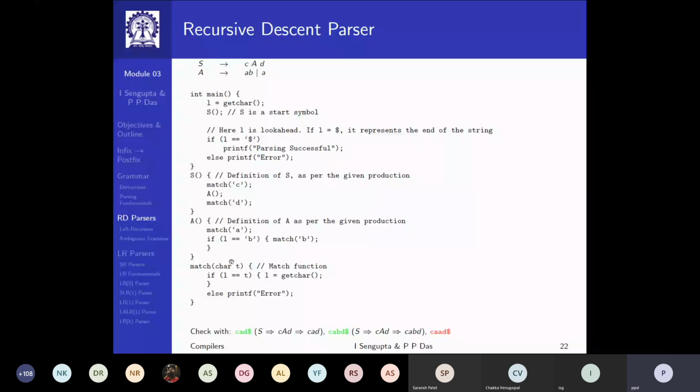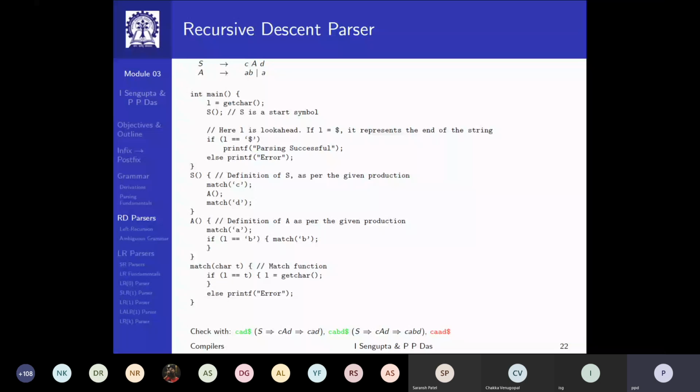The similar match happens, and the next character is read. Now there are two possibilities. If you're talking of the production rule A produces aB, then L has to match B. But if it is A produces a, the second one, then you are already done because you have consumed that a.